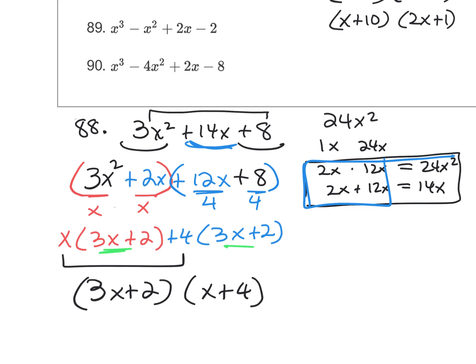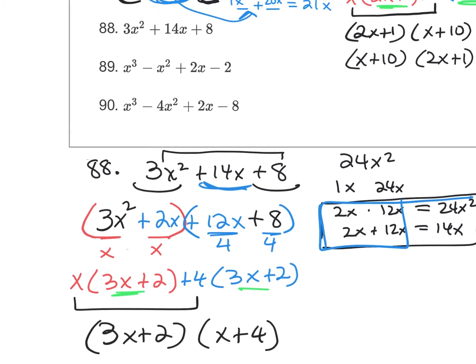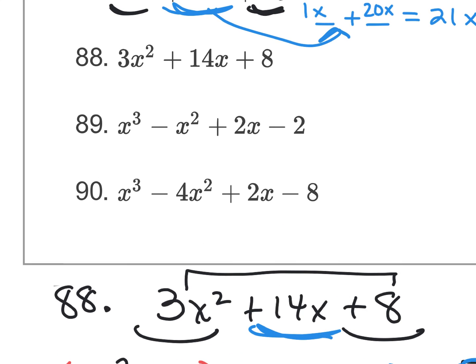Number 89 is already set up as 4 terms. So I'm just going to make groups here and then pull out a GCF. For 89, I can make a red group and I can make a blue group. My GCF of red is going to be x squared.